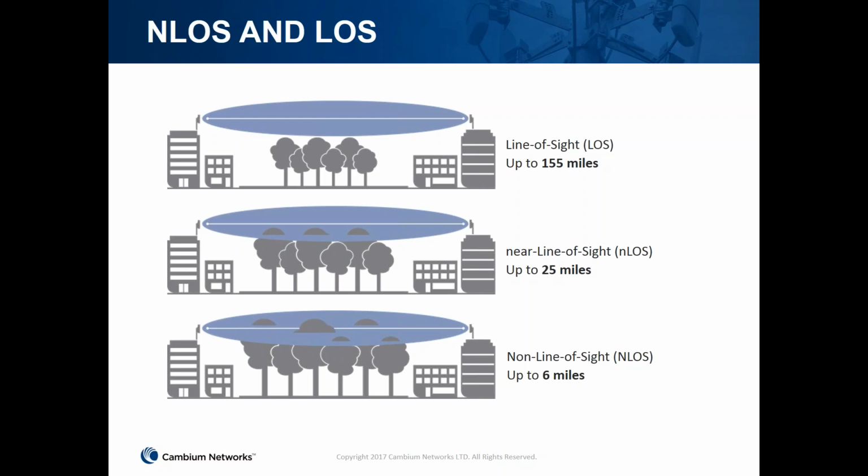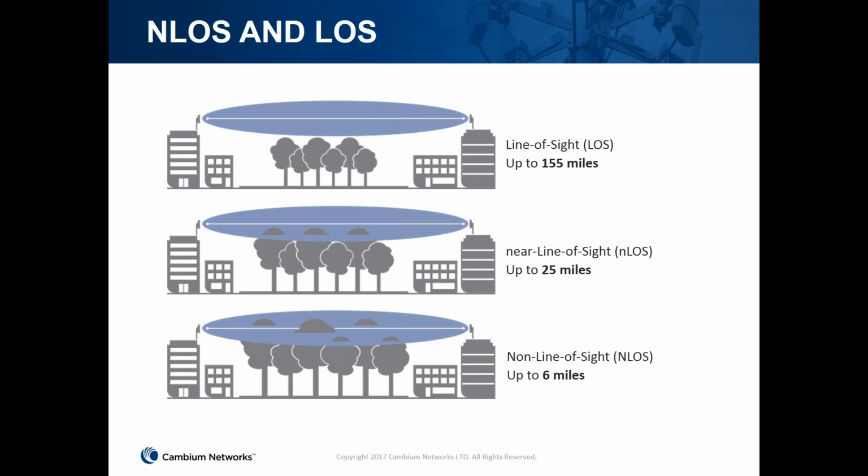It has near line of sight, which means if a part of it is affected by the Fresnel zone, but not a majority part of it, it falls in the near line of sight, NLOS. That is up to 25 miles.